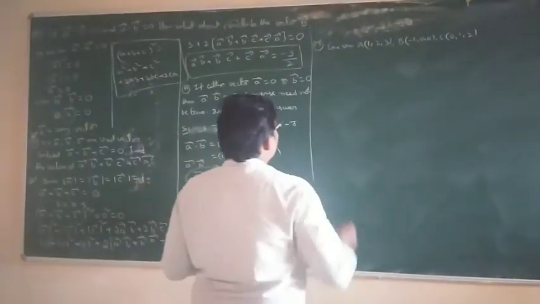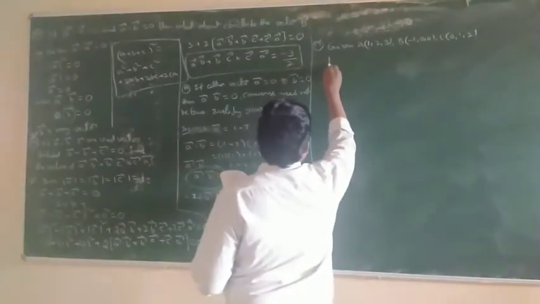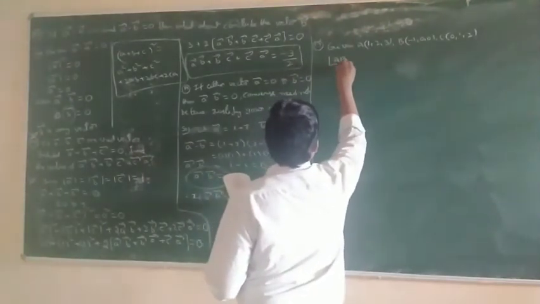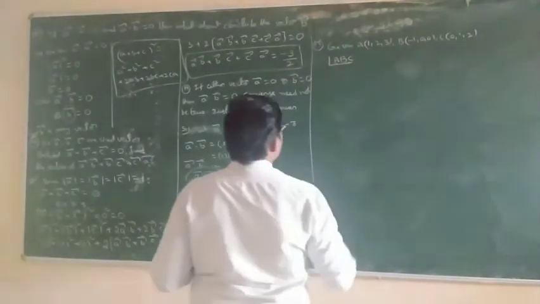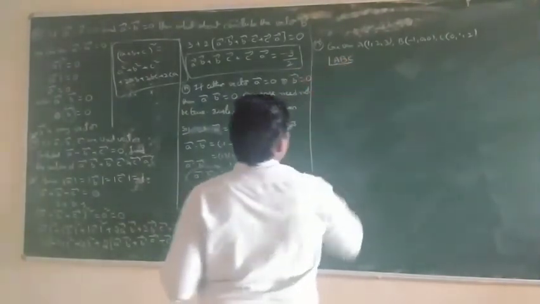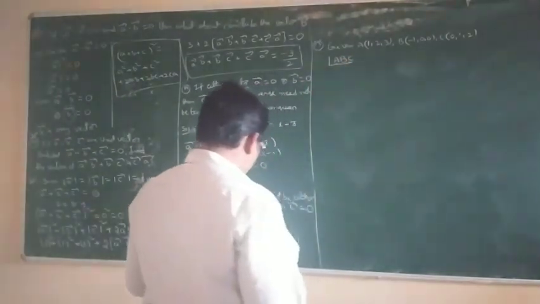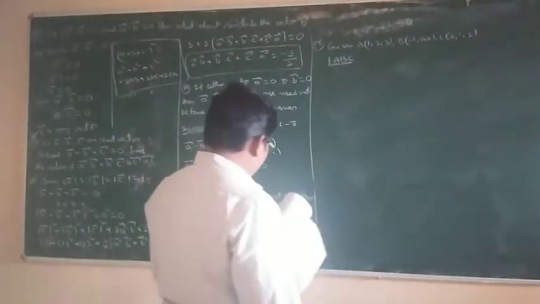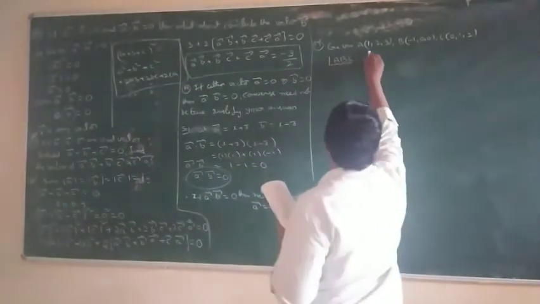Find angle ABC. Angle ABC is nothing but angle B. Okay. Angle ABC. So in the triangle, angle between the vector B bar, which term B bar?